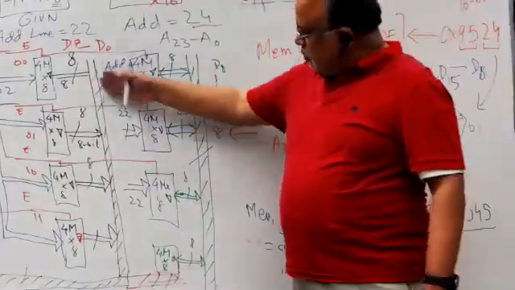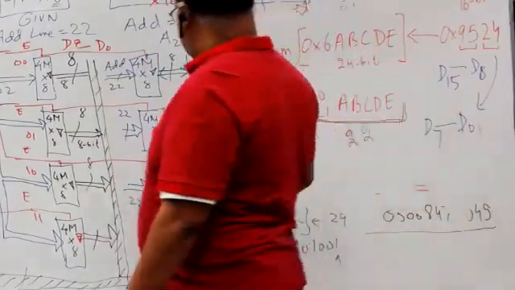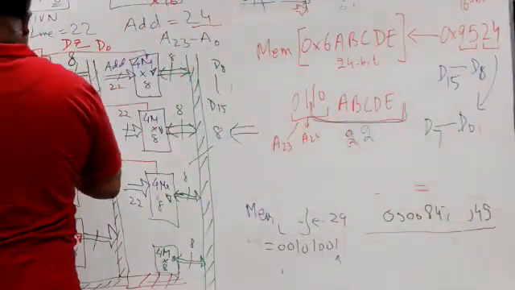Half of the data will appear on this data bus, half of the data will appear on this data bus, and it will be saved.